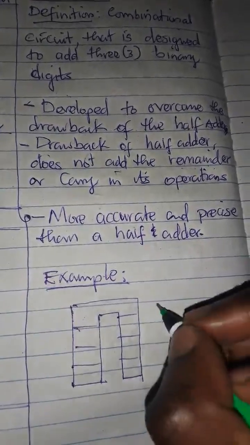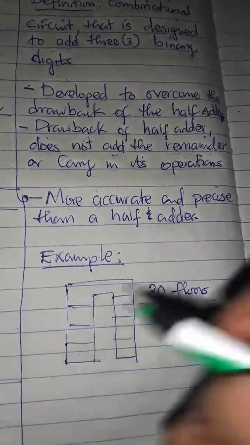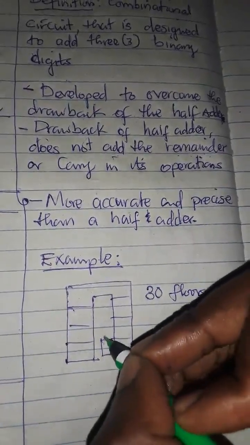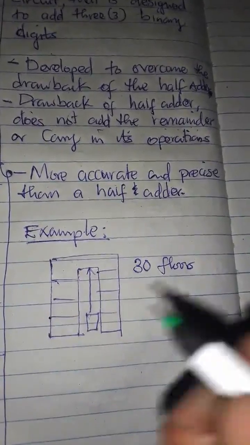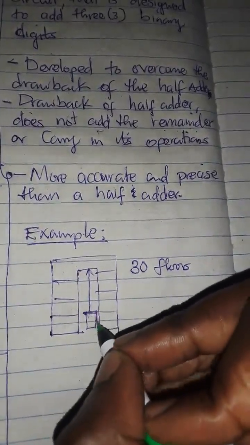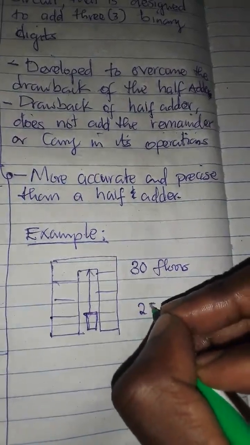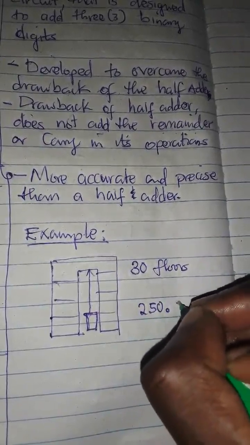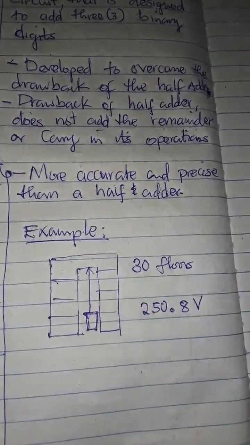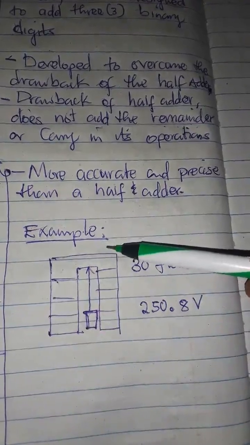Let's say this building has 30 floors, and there's an elevator here. Let's say this elevator requires about 250.8 volts to be lifted from the ground to the 30th floor.